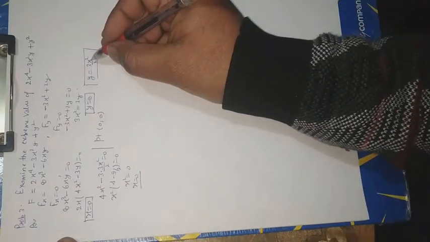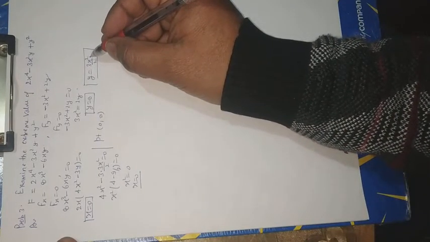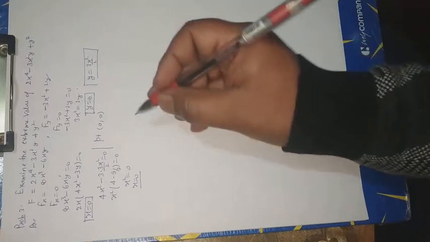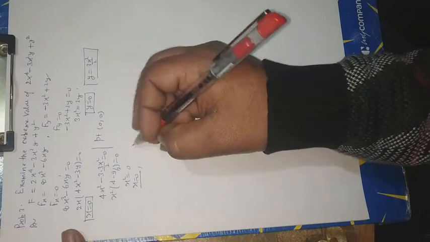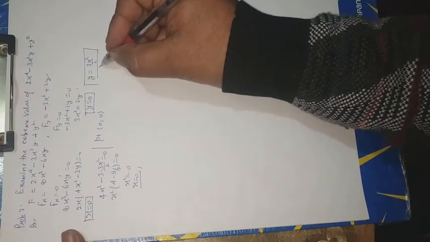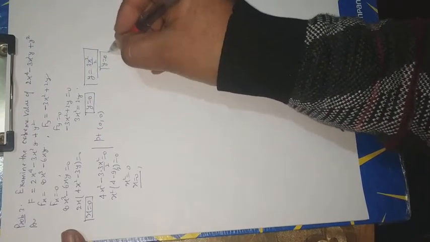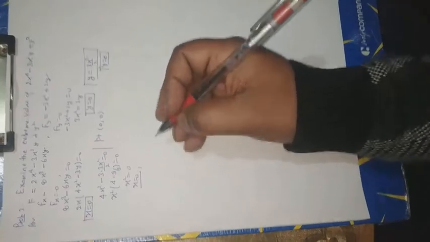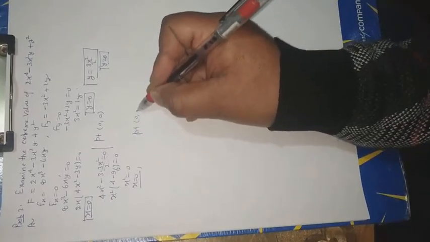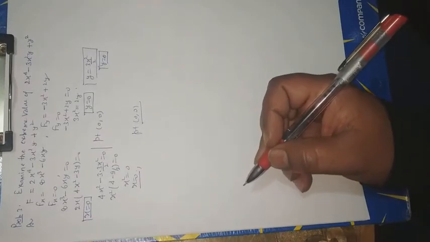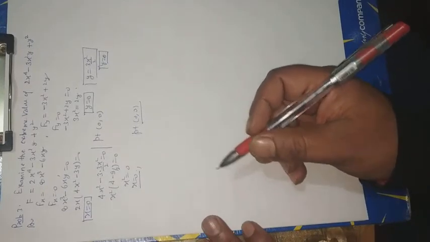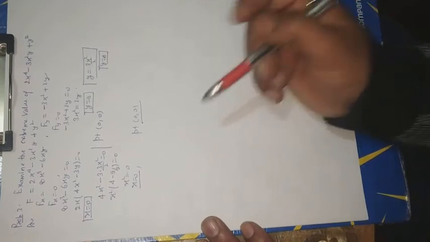Putting x equal to 0, we again get y equal to 0. Again we get (0, 0). Therefore, in both cases, there is one stationary point.